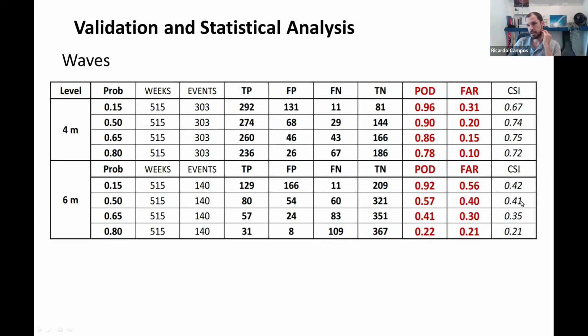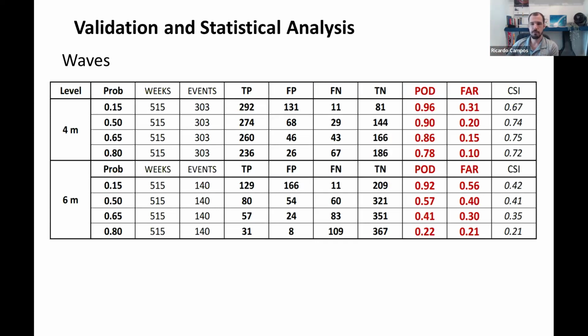So the critical success index tends to be lower as we go to larger waves and higher probabilities. So we don't expect to see a 85% of probability of something around 6 or more, or 8, 9 or 14 meters in the week 2 range.